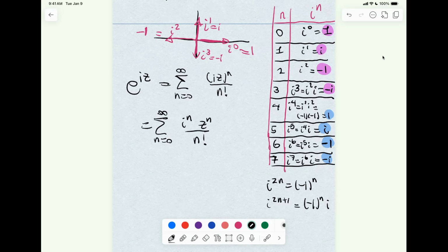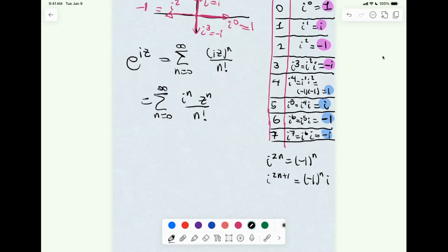So when n is even, this would be... I'm just going to split it into even and odd.